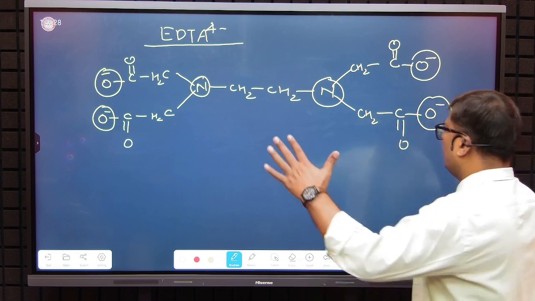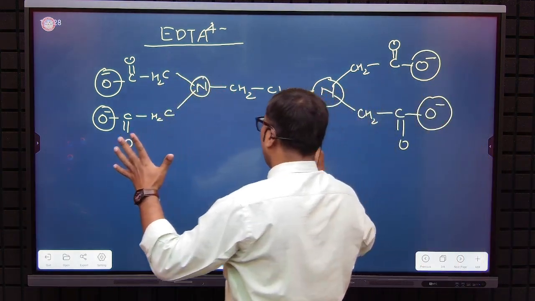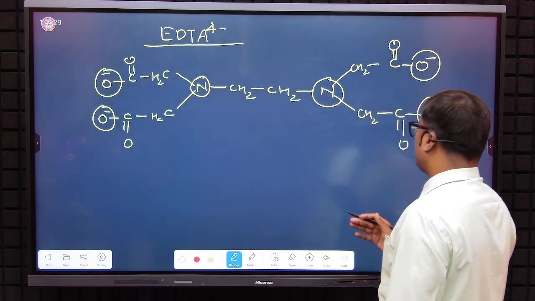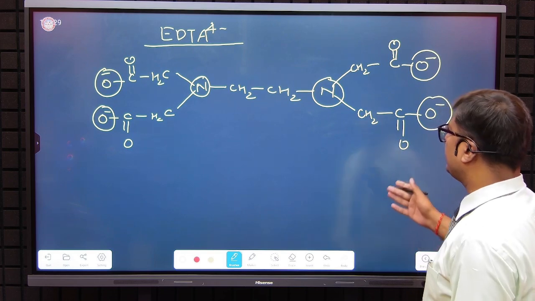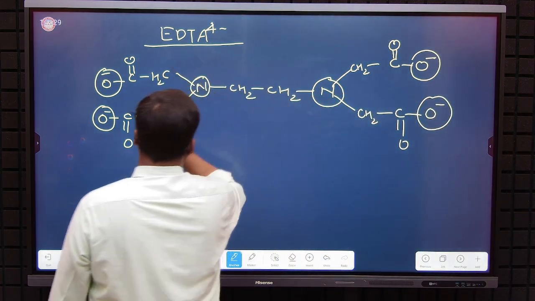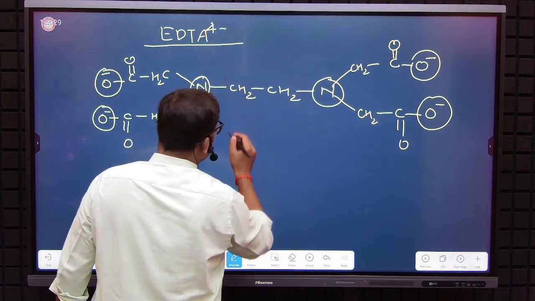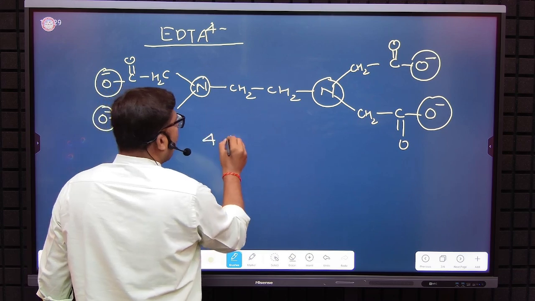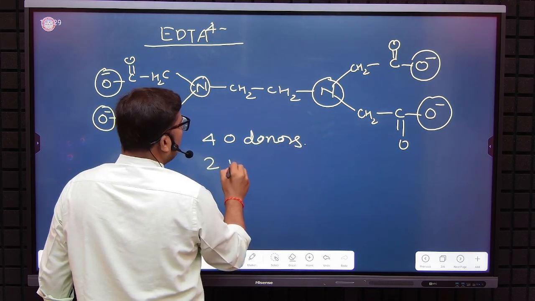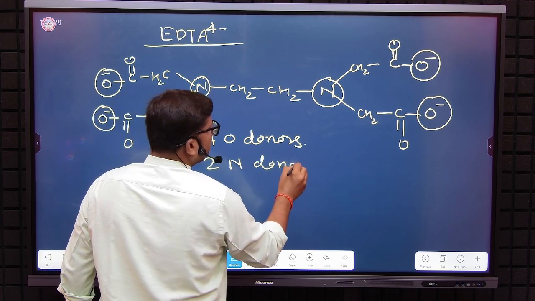So these 4 oxygen negative charges act as hard donors or hard Lewis bases, right? So this EDTA 4 minus contains 4 oxygen donors, right? And 2 nitrogen donors.